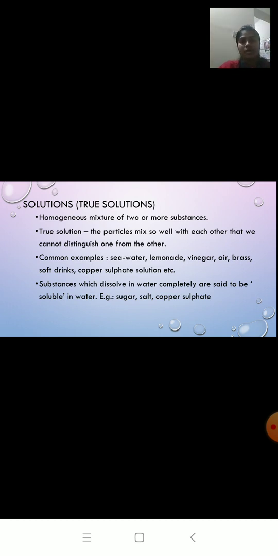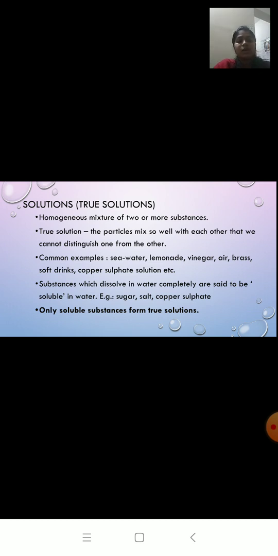Then salt, copper sulfate. Now an important point to remember, only soluble substances form true solution. The substances that are soluble will completely mix with each other. Only those substances will form solution.